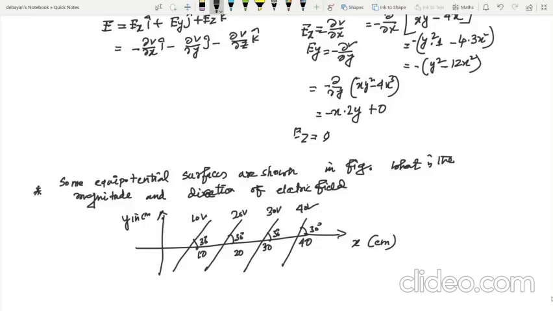If we want to find the magnitude of the electric field, that is nothing but the potential difference, dv with respect to dr. We know the formula. What is dv?